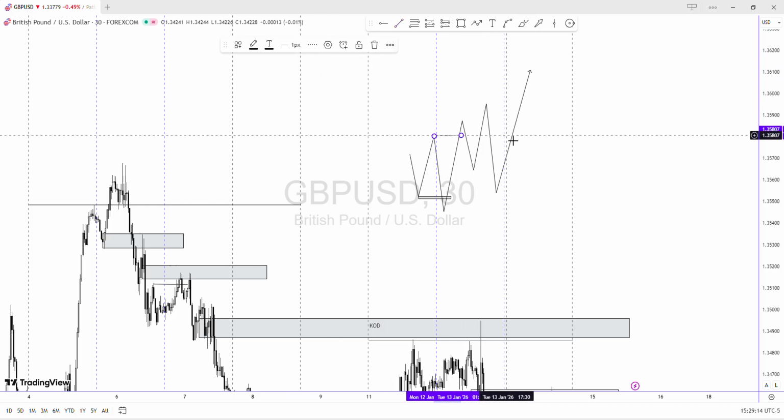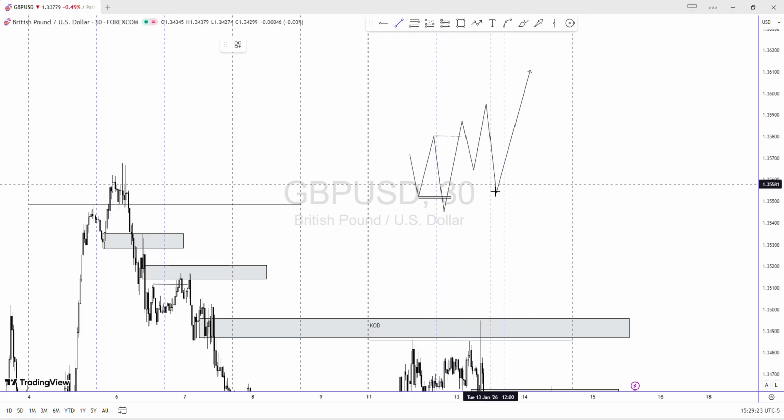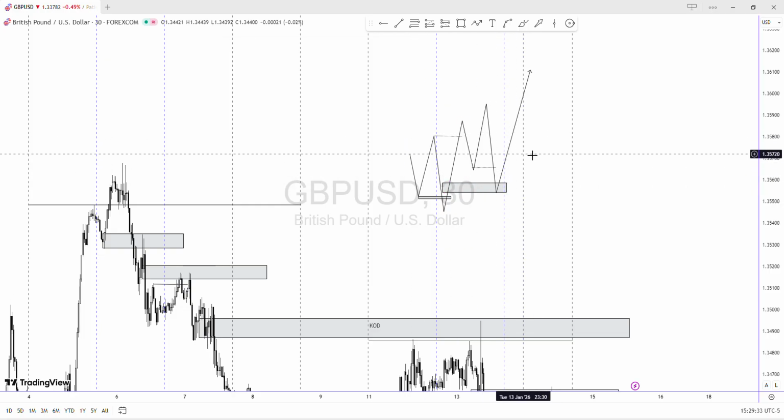Let me change it to these dots. This is your break of market structure, and then this is your inducement liquidity, and then this is the pullback you have to sell from or buy from.